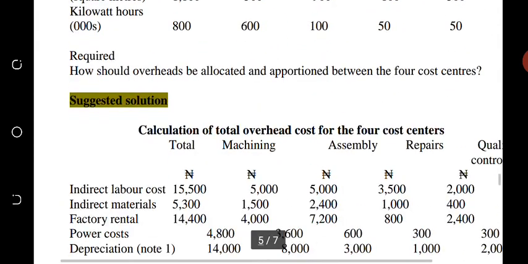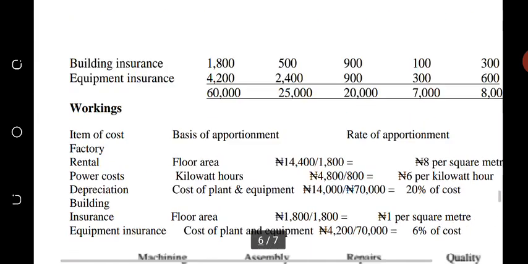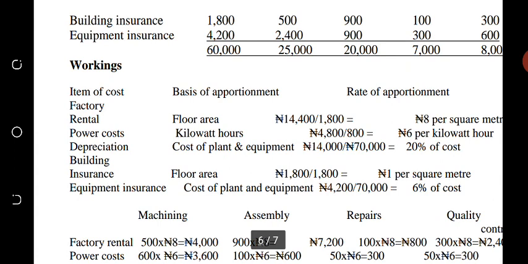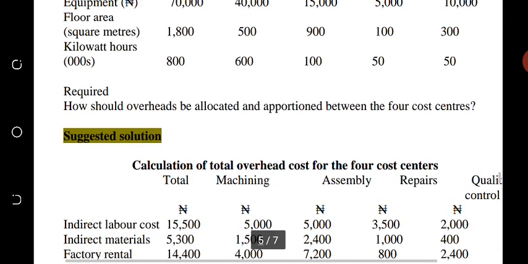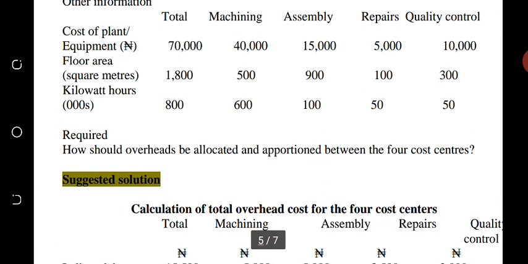By the time we divide it, we have 0.2. 0.2 when multiplied by 100 gives 20%. So you multiply it with each cost, that means you are using the cost model, straight line method, with each cost of the equipment in each cost center.